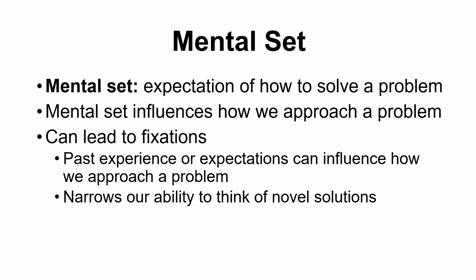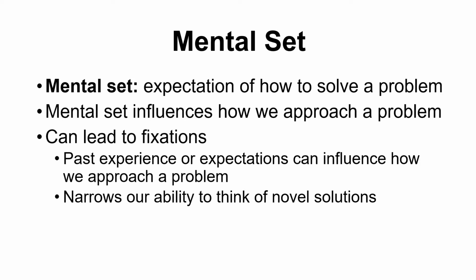So the first problem created that expectation, and then in the second set, we were sort of limited in how we approached the second problem based on what we had already come to expect. In experiments like that one, they can do all sorts of different variations.